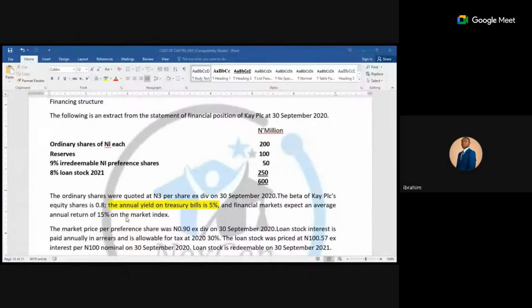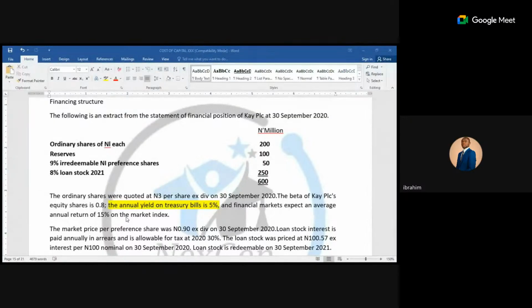We'll get there. Now, what I'm trying to explain here is the ordinary shares. For us to determine the cost of equity, we will use CAPM because it is clearly stated in the requirement. But in a situation whereby it is not even stated that you should use the capital asset pricing model to calculate the cost of equity, for ordinary shares, you are not given that there is dividend with growth, right?